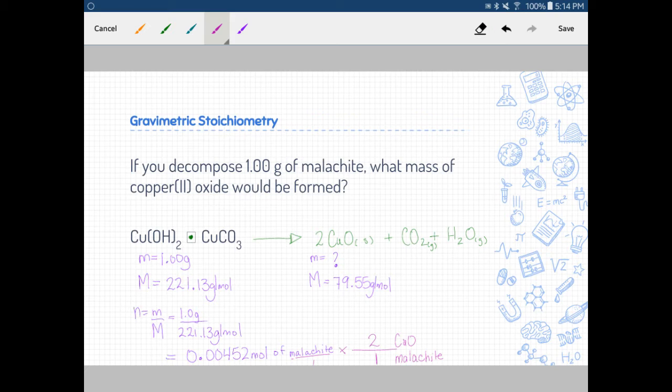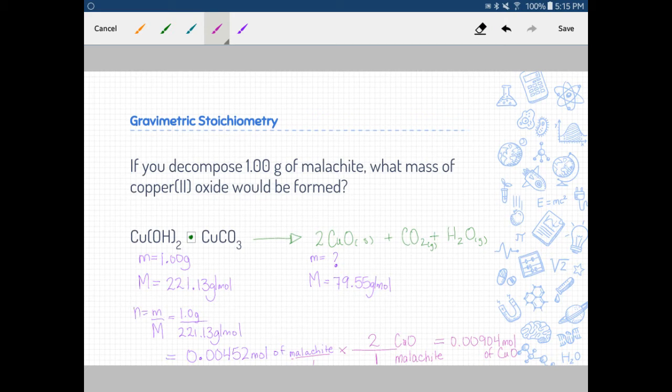When I get this solved, I figured it out to be 0.00904 moles. So this is how many moles of copper oxide I have. Sometimes I like to write that down too, just so I have this value present.